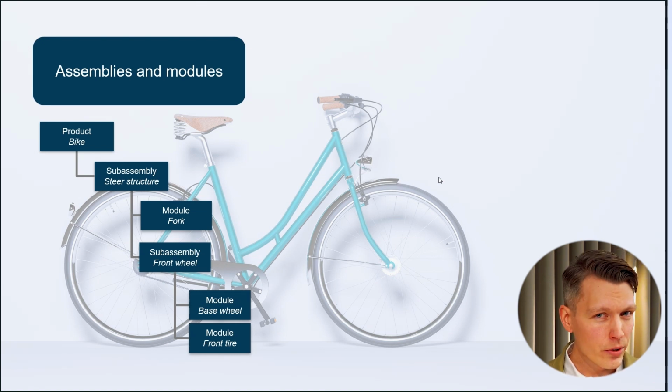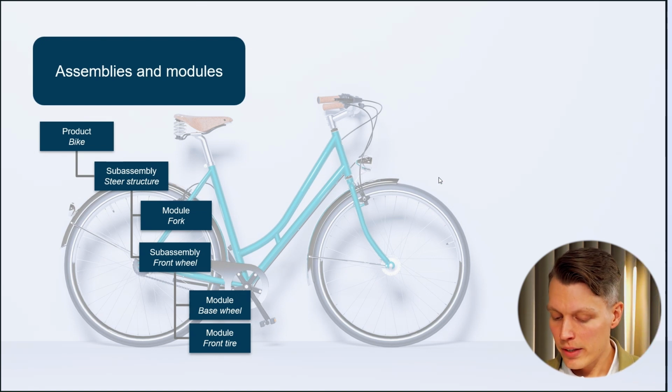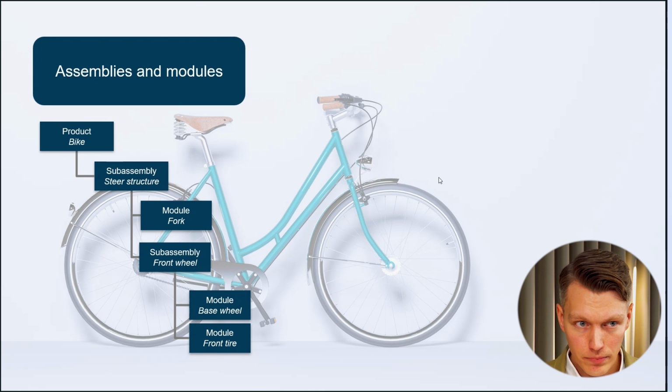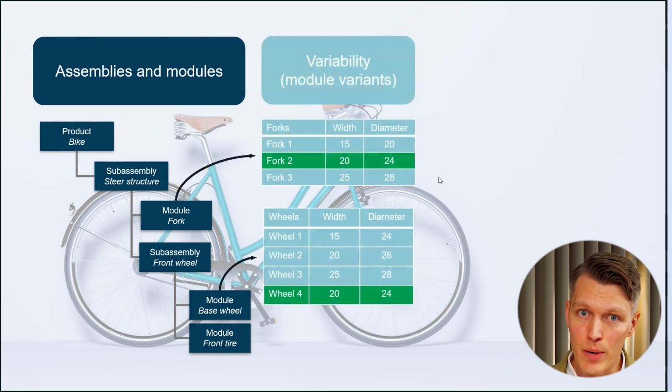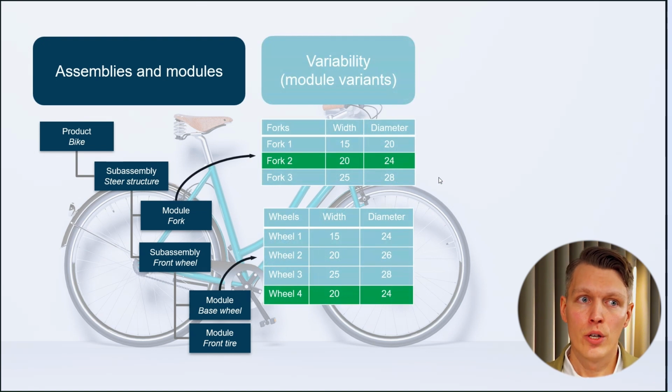You can already start to see some similarity here between our configuration model and an actual CAD part structure. These module positions are so-called realized by modules, which is really the product data in table form. So for example, we have different forks and different wheels, and one of these variants is going to be selected at a certain point in time for these individual positions.